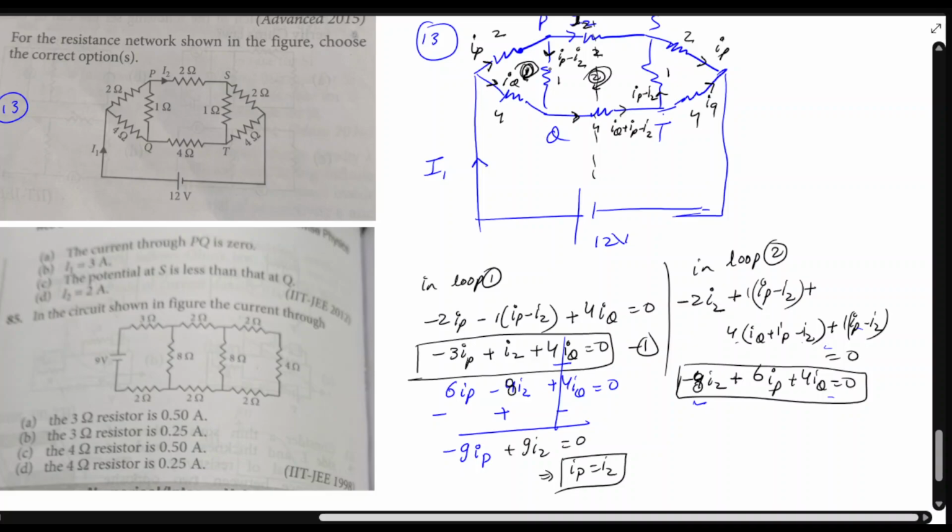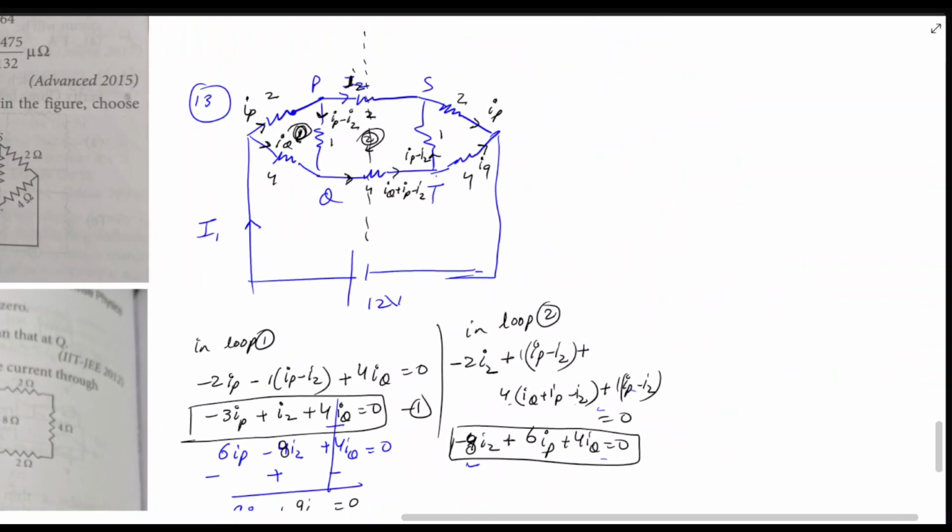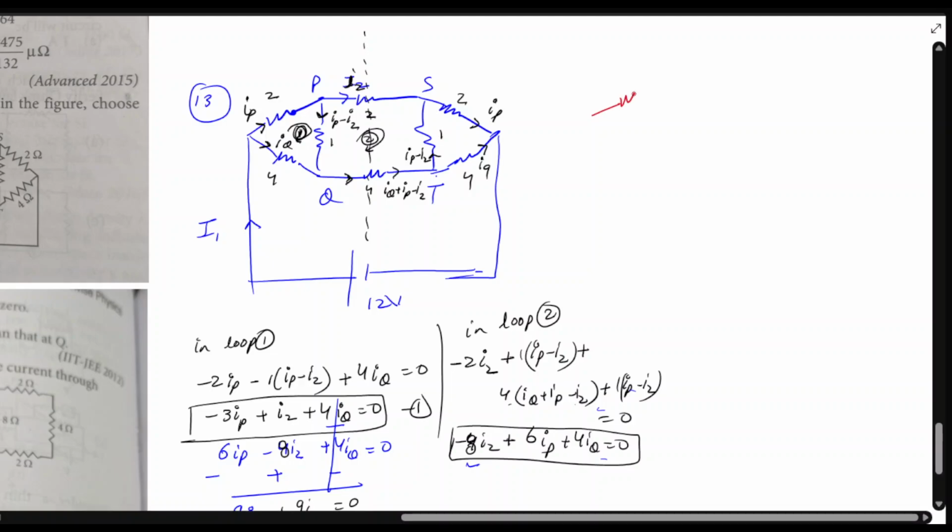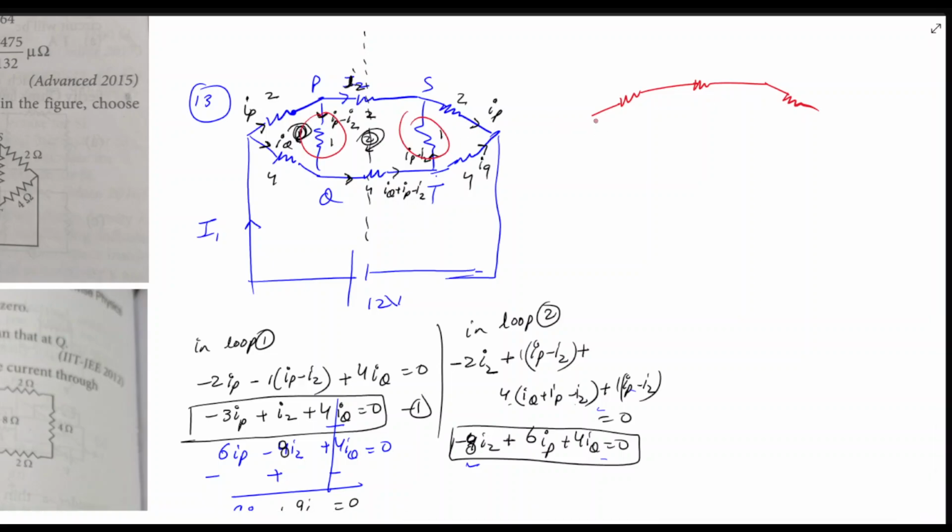So what this means is in this PQ and ST, there will be no current, right? So if there is no current, then our circuit will look like this. So this is 1, this is 2, and this is 3, and we can just remove these two. Okay, so this will be like this, and like this.